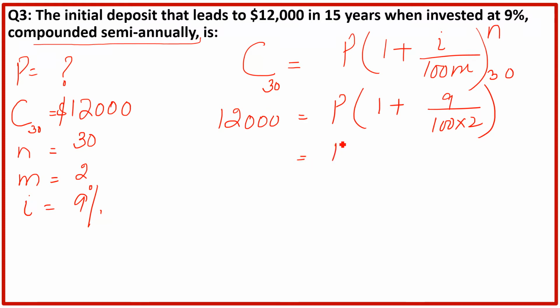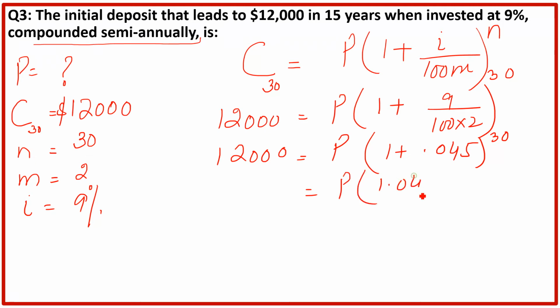Okay, now we will solve it. P, this 12,000 will remain the same here. And then 9 divided by 200, we will get 0.045 whole raised to power 30. Whatever is inside the parenthesis, you have to solve first. 12,000, just write down 12,000 as it is.